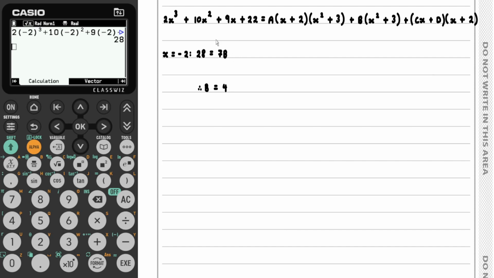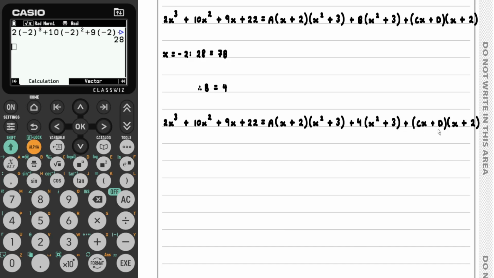And if b is equal to 4, we would therefore have 2x cubed plus 10x squared plus 9x plus 22 equaling a times by x plus 2 times x squared plus 3, plus 4, which is what b is, times x squared plus 3, plus cx plus d times x plus 2.